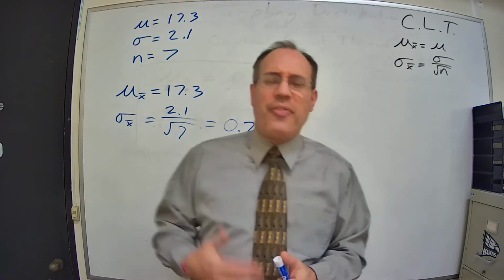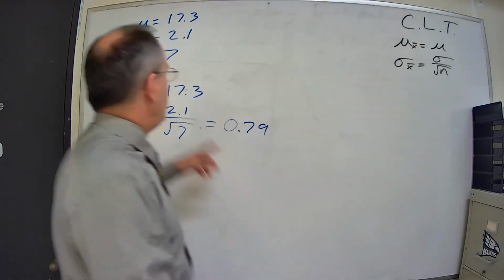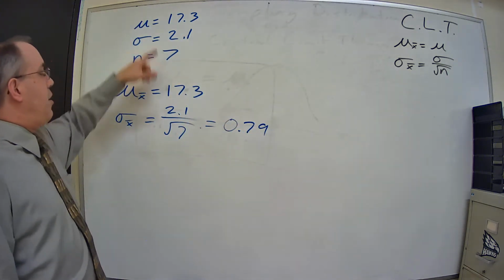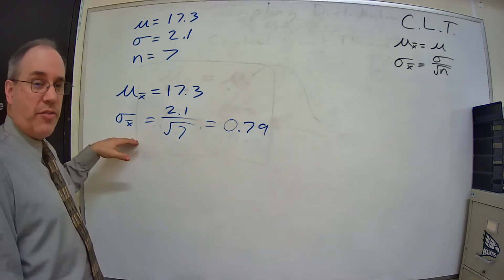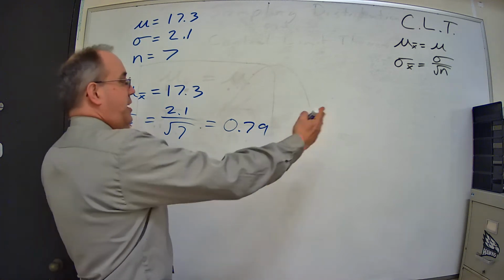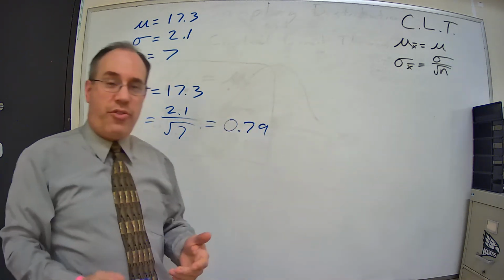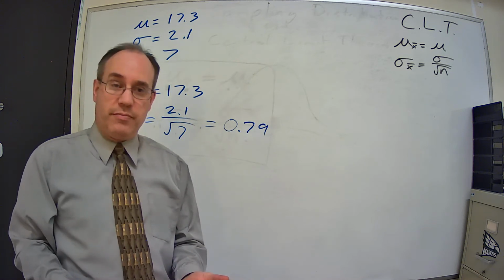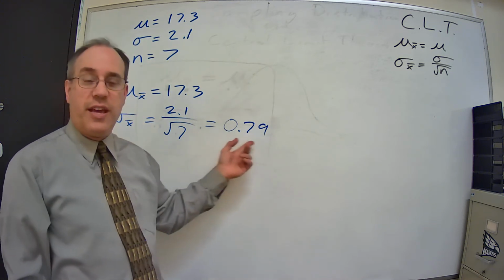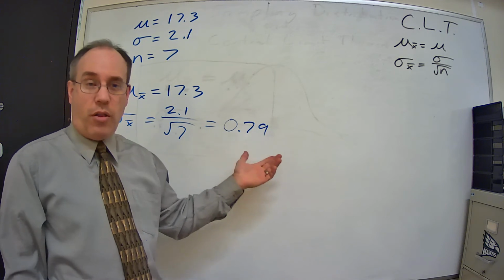And if you think about that, yes, it does. So what's happening here is by taking the distribution of the sample means, we're actually shrinking down the width or the variation in our distribution. So our standard deviation is getting smaller.